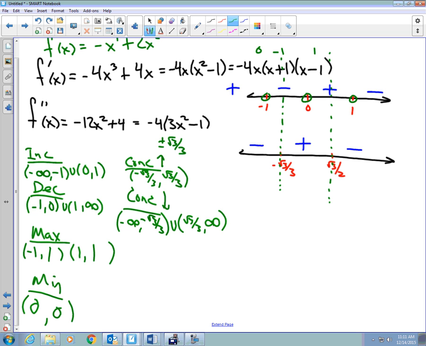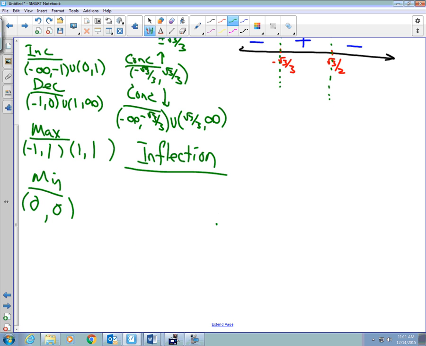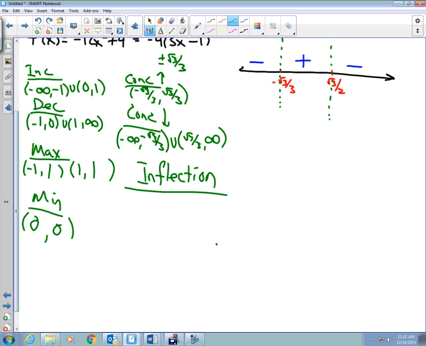The only piece I'm missing is inflection. The inflection point occurs when the second derivative, what? Changes sign. And that happens at -√3/3 and +√3/3.